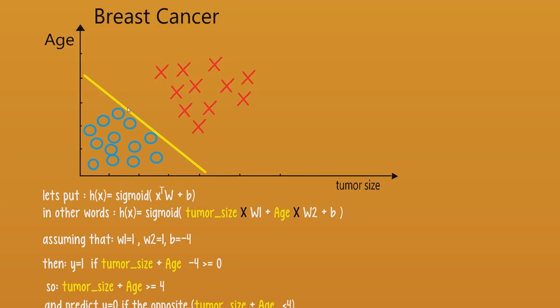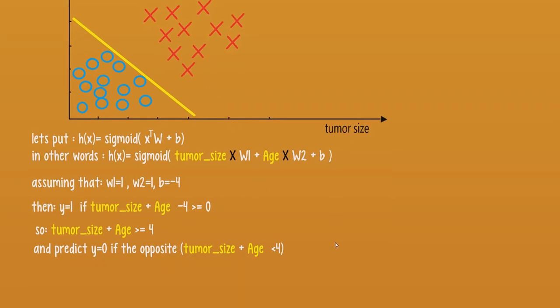So this line actually splits the data, the benign tumors and the malignant tumors, using the tumor size and the age and applying our h of x.